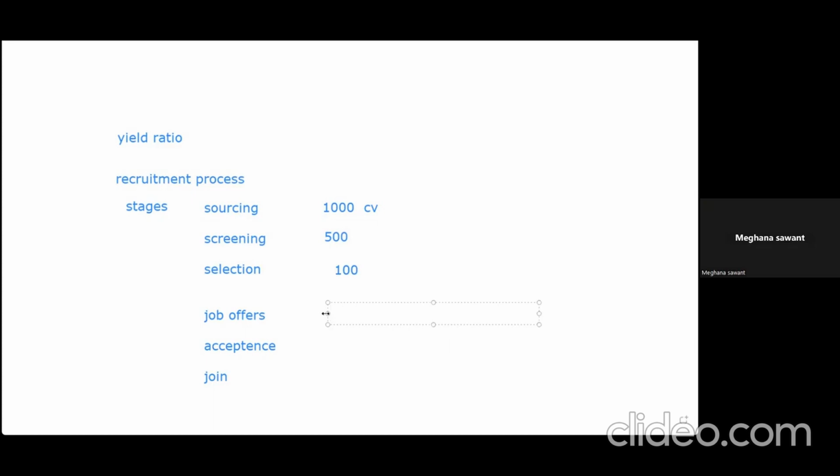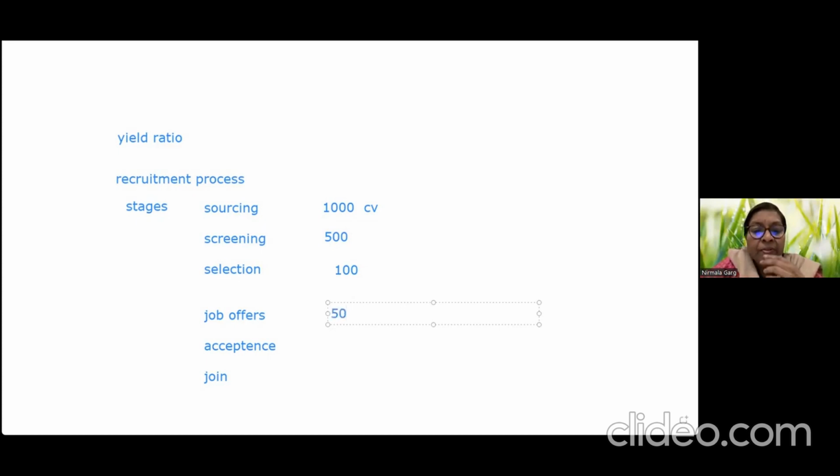You selected them, but you only gave job offers to, say, 50 people. Acceptance was also just 50, but only 10 joined.